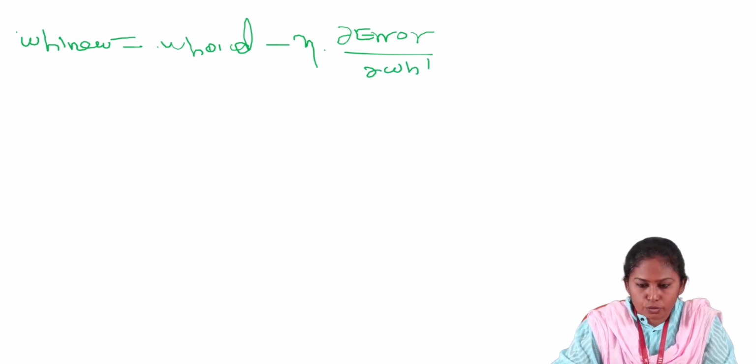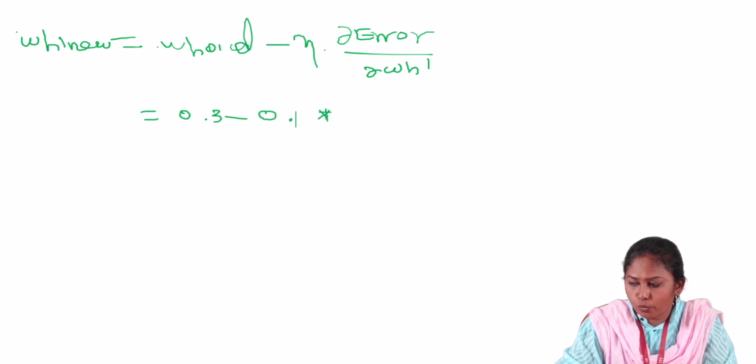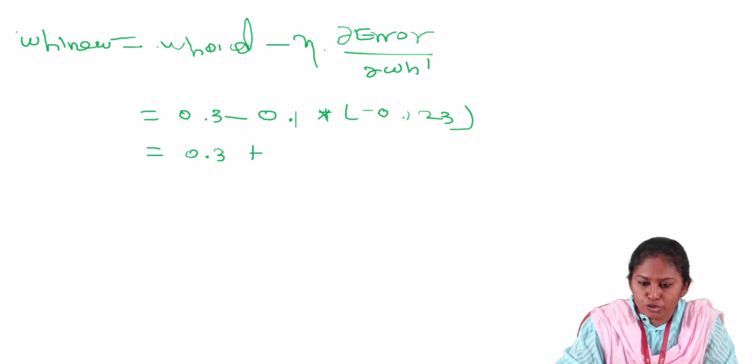The old value of WH1 is 0.3, minus, assuming the learning rate as 0.1, star the value we calculated, minus 0.123. Minus into minus becomes plus, so 0.3 plus 0.0123.